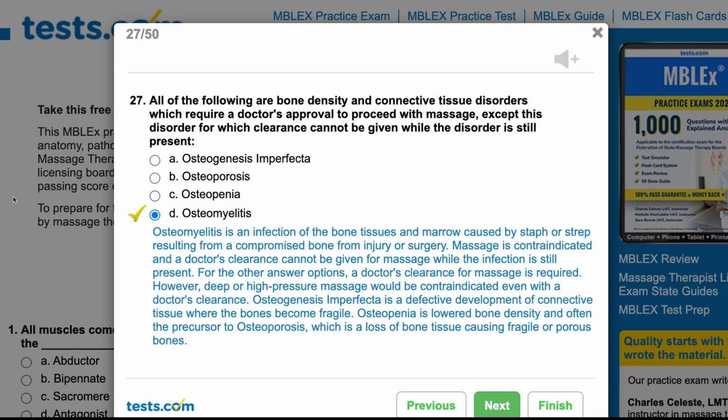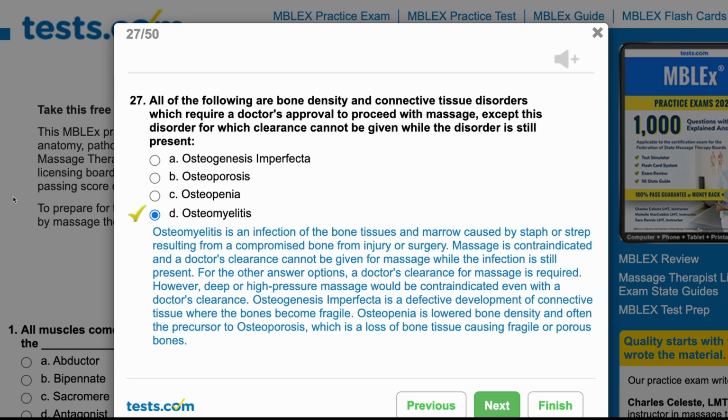D, osteomyelitis. Osteomyelitis is an infection of the bone tissues and marrow caused by staph or strep resulting from a compromised bone from injury or surgery. Massage is contraindicated, and a doctor's clearance cannot be given for massage while the infection is still present.